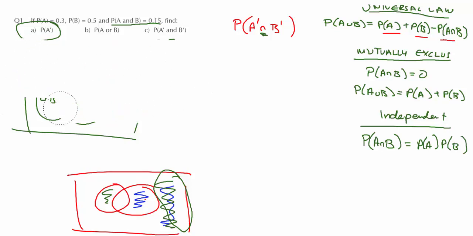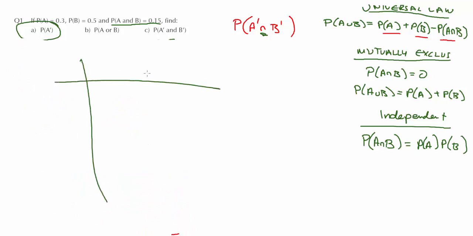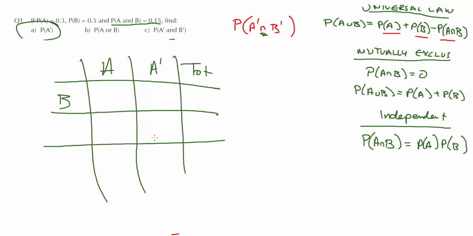So you could do it that way. Now let me show you the two-way table way. I just think this is so nice. I'm doing the A, not A, total, B, not B, total, and I can start putting in information right away.